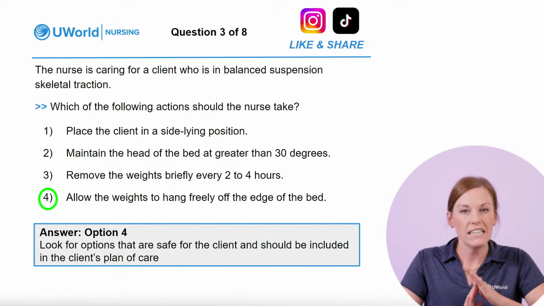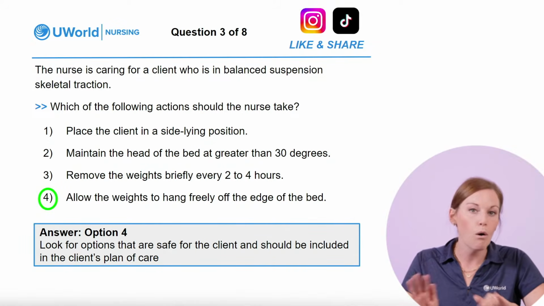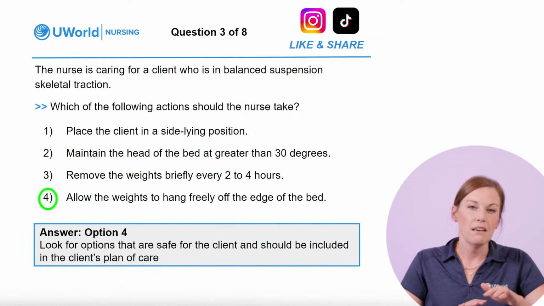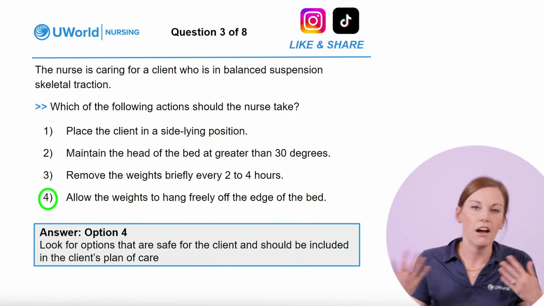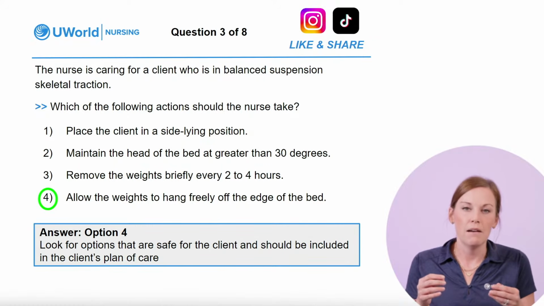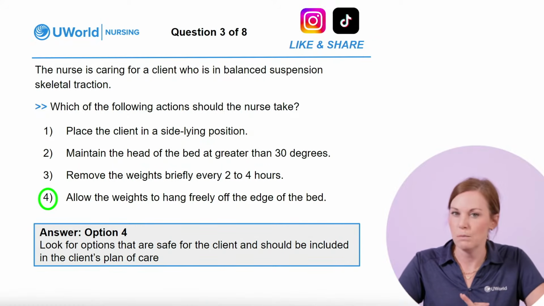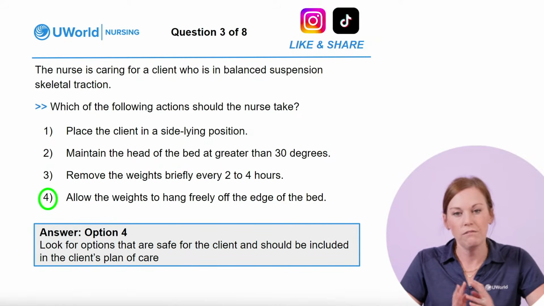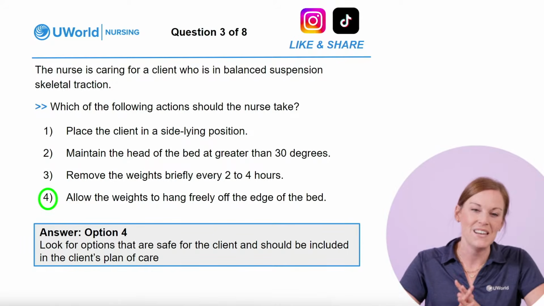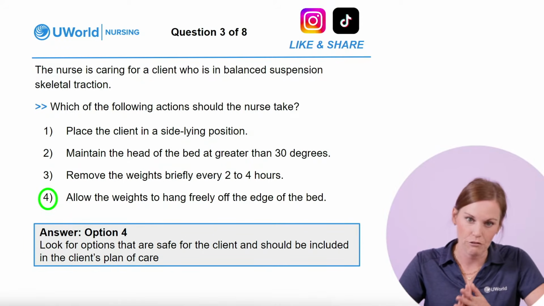So again, the weights have to hang freely. That's the whole point of traction. If the weights are not hanging freely, they're not doing their job, and the counter traction that's supposed to be happening isn't going to be there. So what we should always have happening is what's in option 4. Those weights have to hang freely.